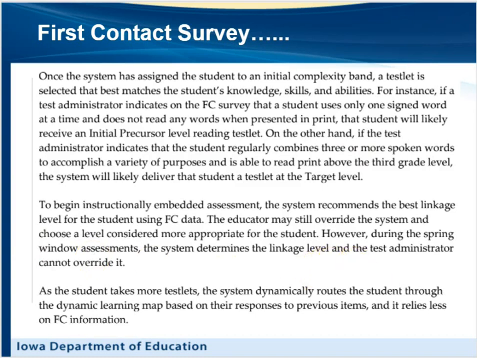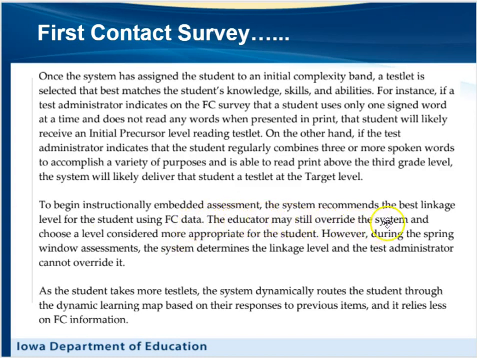So you're going to want to make sure that there's very accurate information in the first contact survey. And I think, as I mentioned earlier, when you go to select your essential elements for testing in the fall, which will be talked about in the next video, the system is going to recommend the best linkage level based on the first contact survey. Now, you'll still have an opportunity.